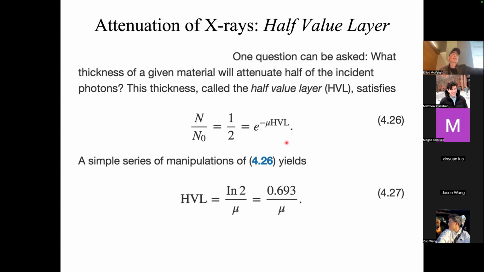Right? And that's a thickness now. It's in centimeters, and that's the half value layer. Right? So that's the thing normally you carry around with you. Like, what is the half value layer of muscle, water, bone, aluminum, things like that. Right? And it's a simple relationship between mu and the half value layer, obviously.